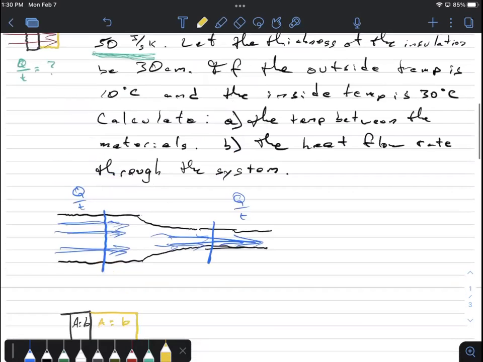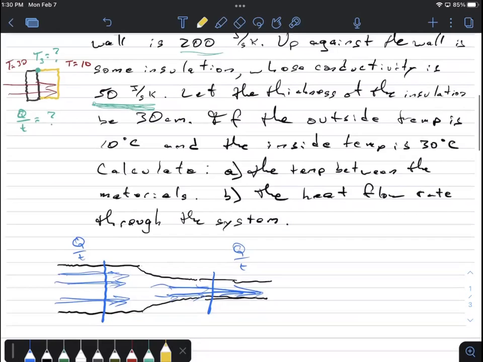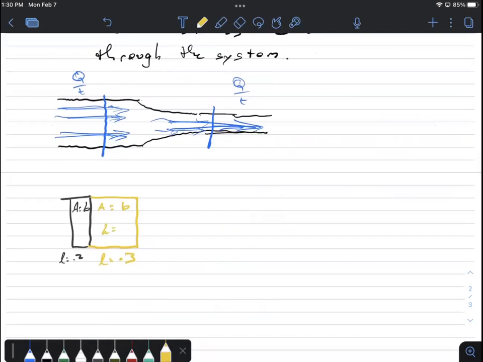I'm told the conductivity of the insulation is 50. So K is 50 for him. And for the wall, K was 200. I'm told the temperature on the inside, which I'll call T2, is 30 degrees.